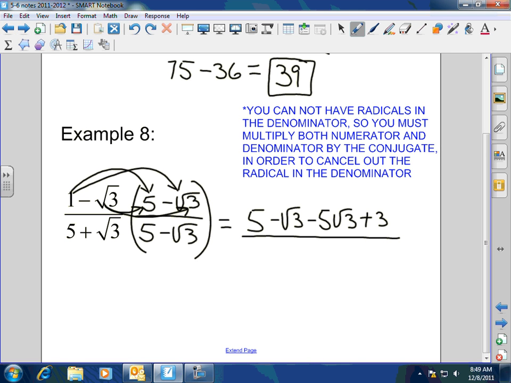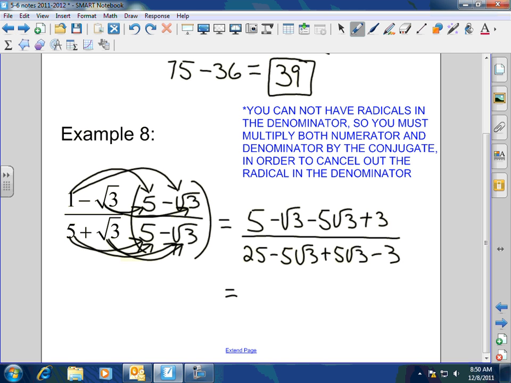Let's go ahead and complete the denominator. 5 times 5 is 25, minus 5 radical 3, plus 5 radical 3, minus 3. So now let's simplify this.